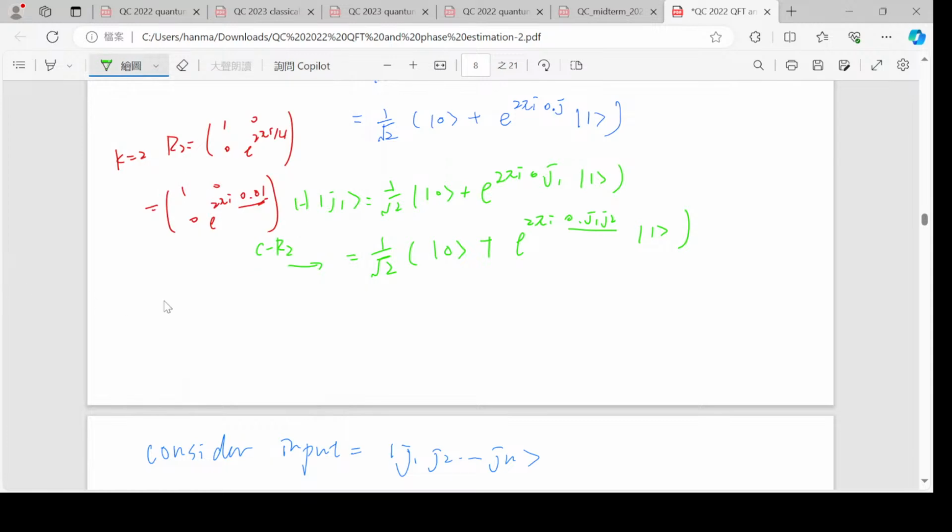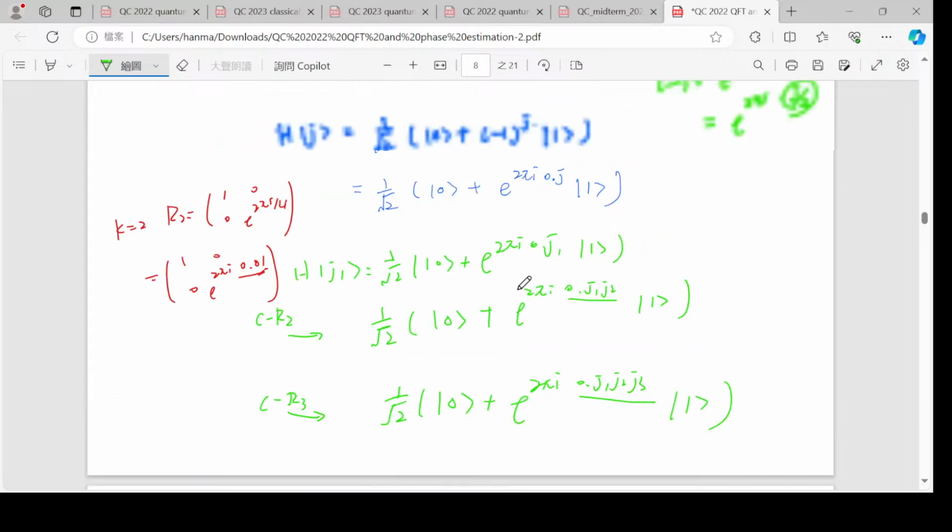And then finally you do Control R3, and you add on the circuit bit, and it becomes 1 over square root 2, |0> plus e to the 2 pi i 0.j1 j2 j3, and this part in binary, |1>. Once again, it's the same idea. So j3 equals 0, then you don't add anything. And j3 equals 1, you add 0.001 in binary onto this phase.